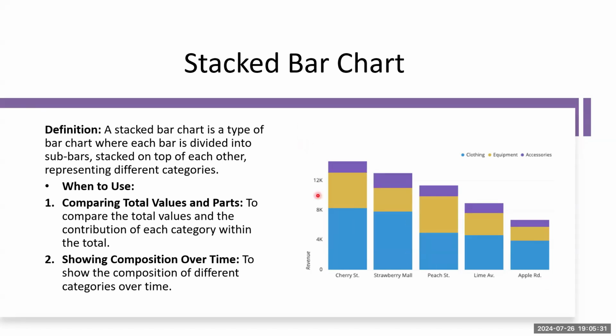You can have something like this for each country. For example, Team USA has 90 participants, and out of the 90, maybe 40 are athletes, 30 are officials, and 20 are medical staff. You can give me such data using a stacked bar chart, and you'll be able to represent the data correctly.